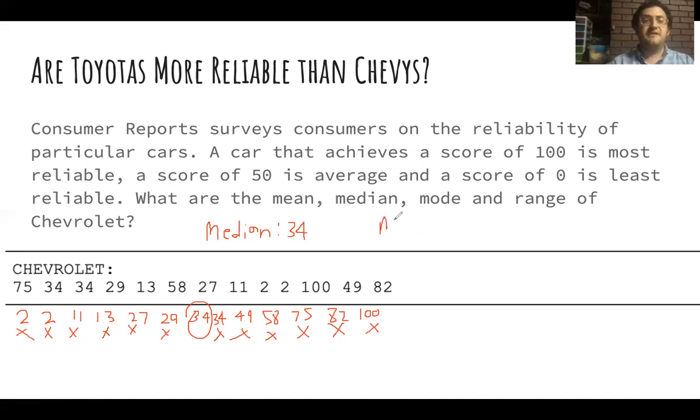And the mode, that's pretty easy to see. It's not as useful as the mean and the median. And this one actually has two frequently occurring values. So we would say that the mode is both 2 and 34. That's kind of the more common reliabilities that you see in Chevrolet models.